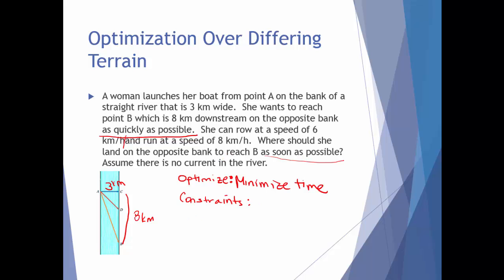Now we have all kinds of constraints, things like how wide is the river, how far downstream are we going, but notice a lot of our constraints contain things like speeds. Now in calculus, speeds are referred to as rates. We need to talk about distances, how far does she have to go?